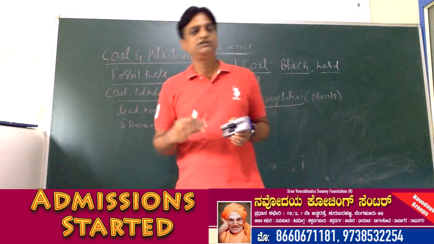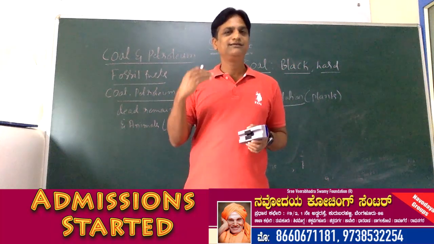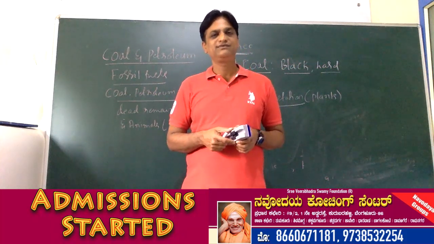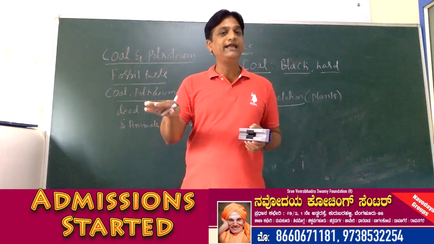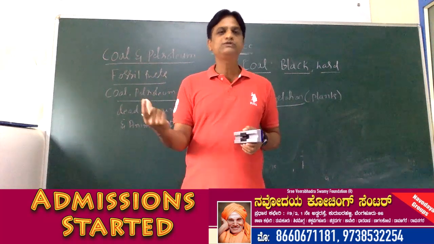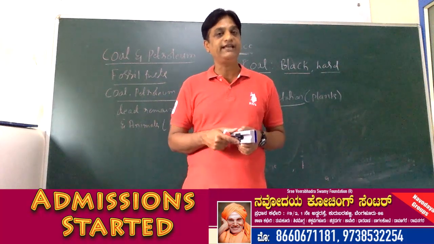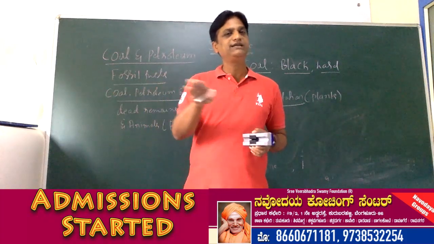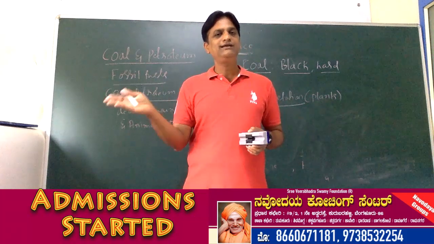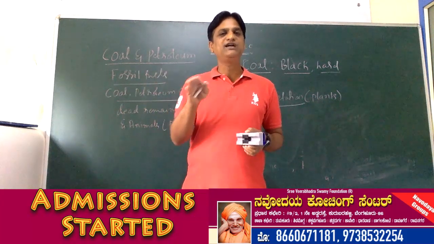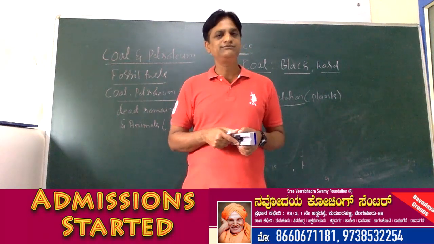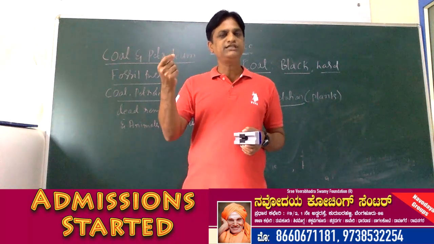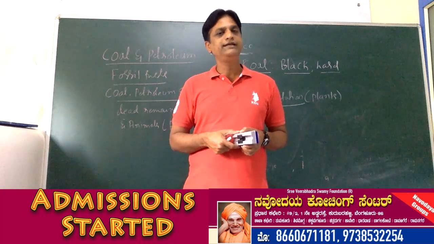So almost 300 million years back, forests which were present in low-lying wetlands, due to some natural processes like flooding, were submerged under soil, and as more layers of soil covered the dead vegetation, the temperature increases, pressure also increases.